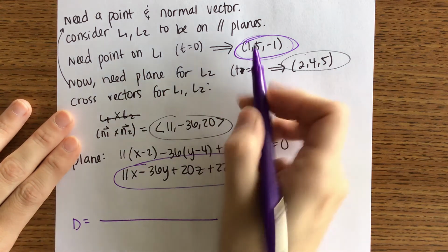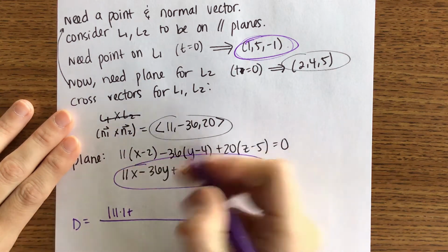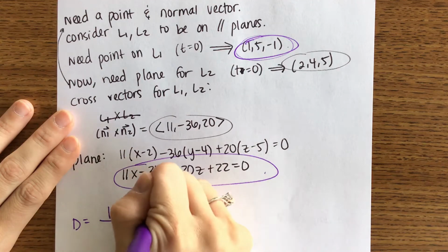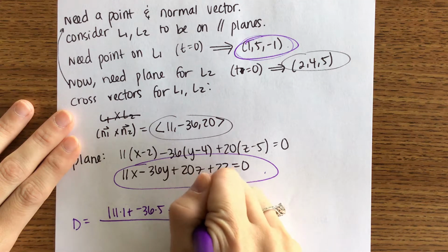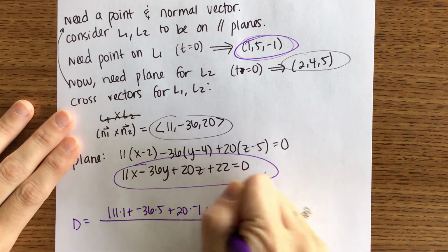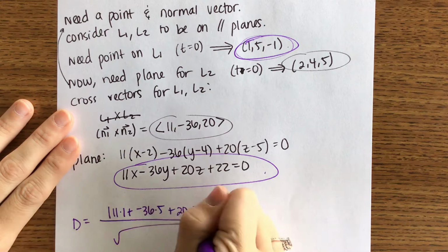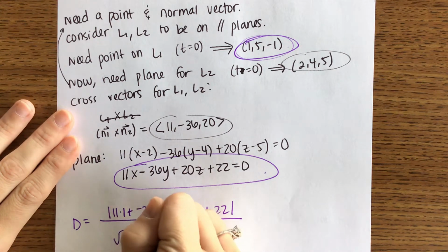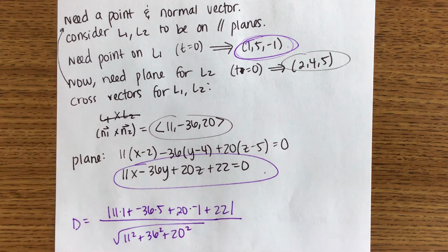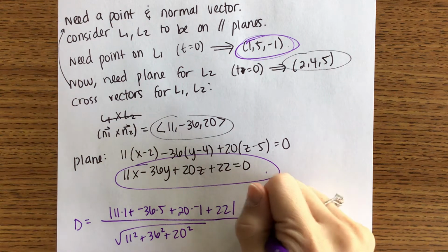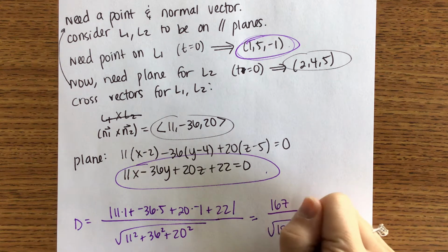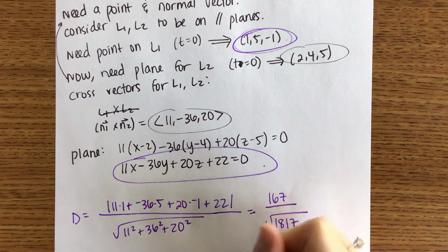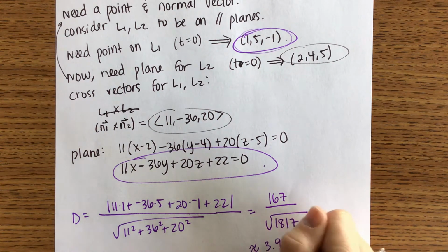So we have 11 times 1 plus negative 36 times 5 plus 20 times negative 1 plus 22, the absolute value of all of that, all over the square root of 11 squared, add 36 squared, add 20 squared. If you trust my calculations, this ends up being 167 divided by the square root of 1,817, which is approximately 3.918.